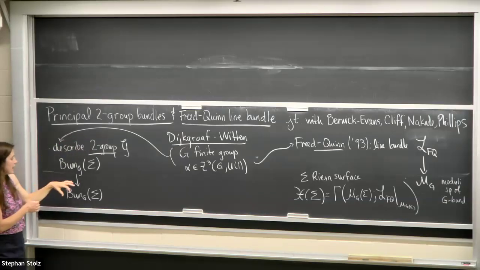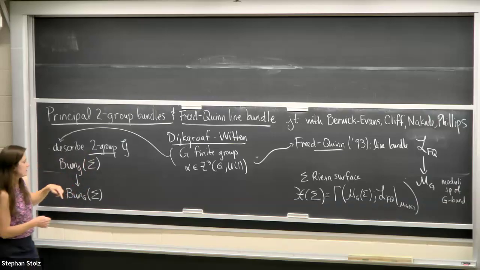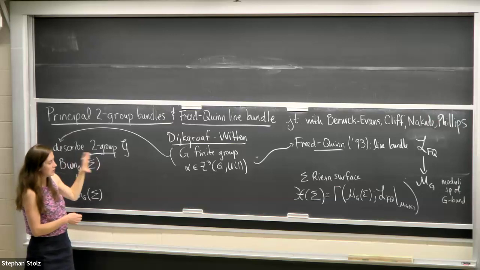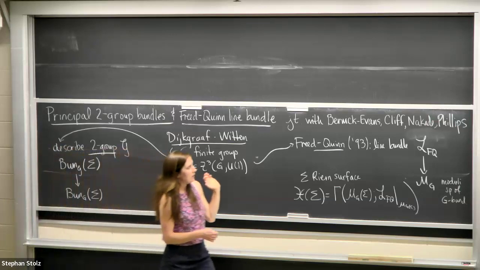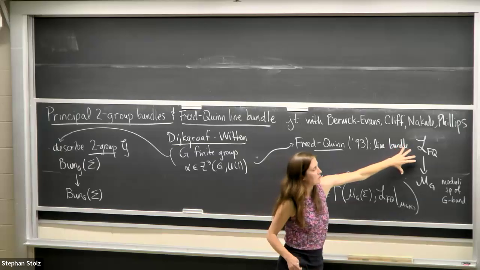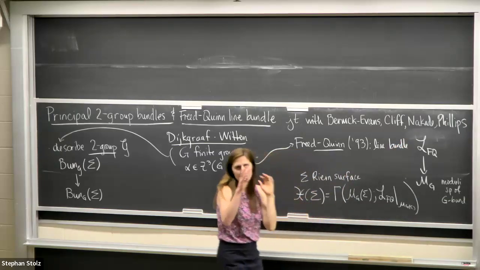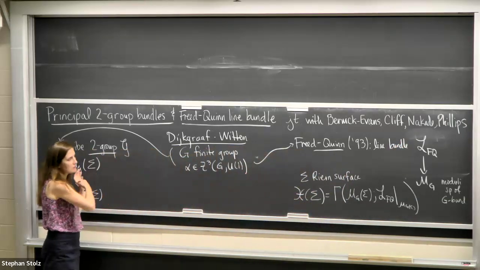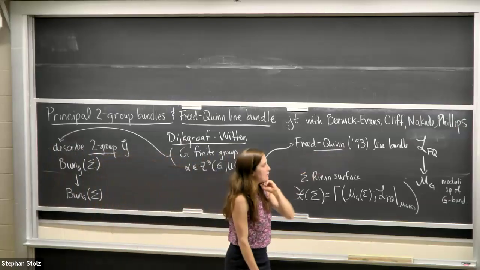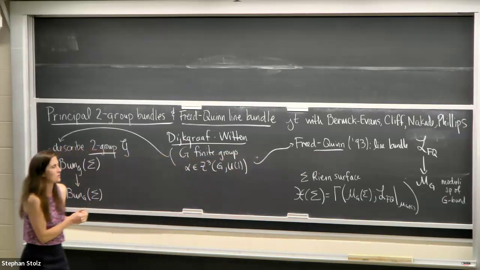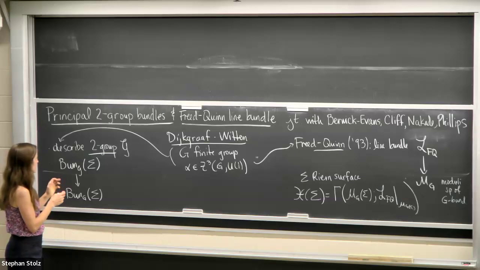We looked at isomorphism classes of the fiber of this forgetful functor, and showed that those give you a U1 bundle that is isomorphic to the U1 bundle associated to this line bundle. So it's a categorical description of this line bundle that they constructed using transgression methods.